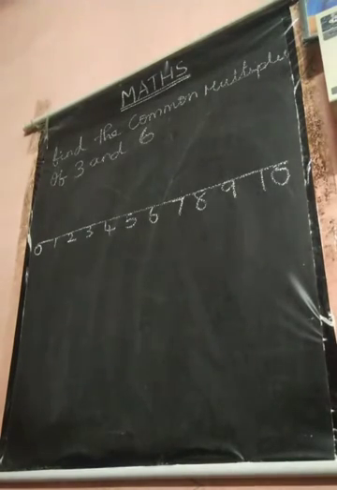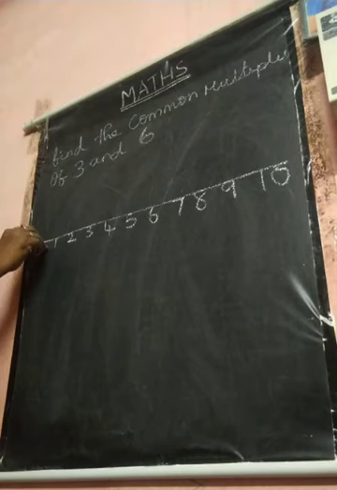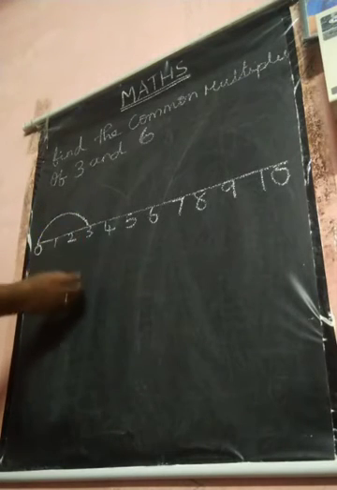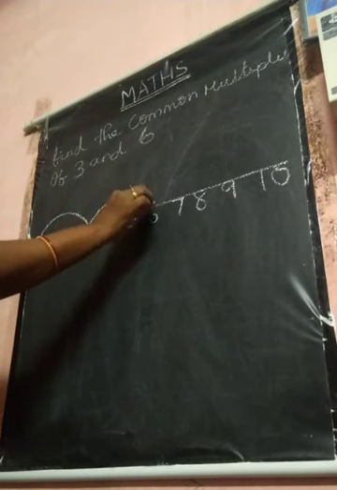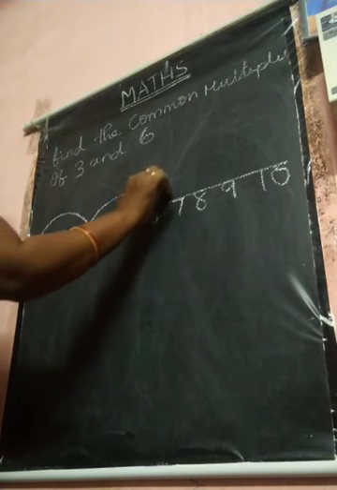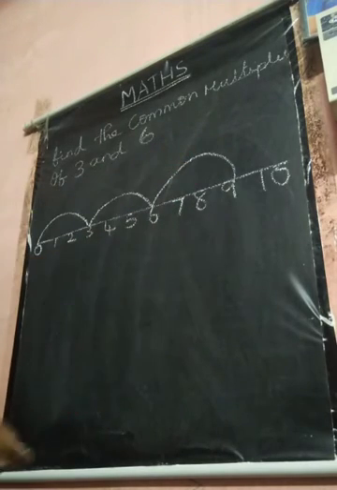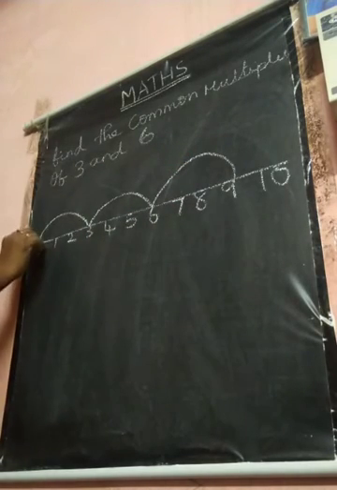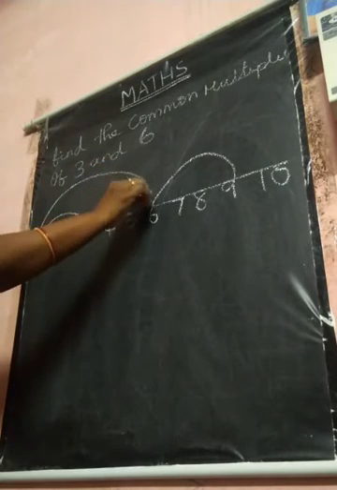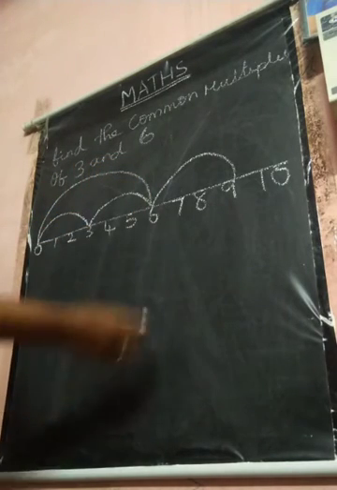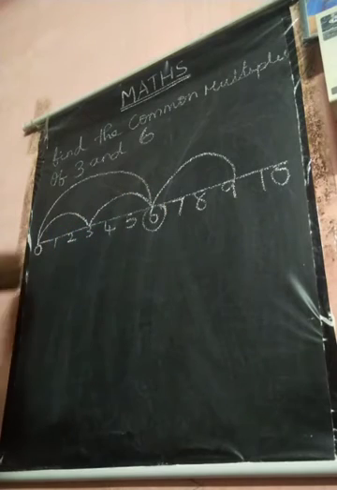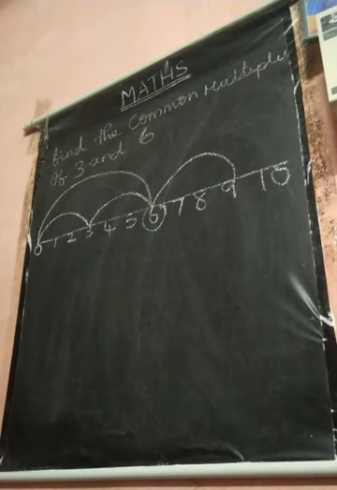Find the common multiples of 3 and 6 using this number line. First, the 3 tables. 3 ones are 3, 3 twos are 6, 3 threes are 9. Same with the 6 table. 6 ones are 6, only that will come. The common multiple of 3 and 6, what is it, children? Say, children. Good.